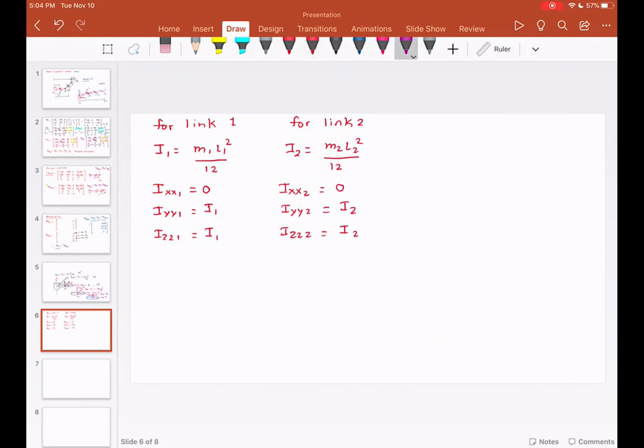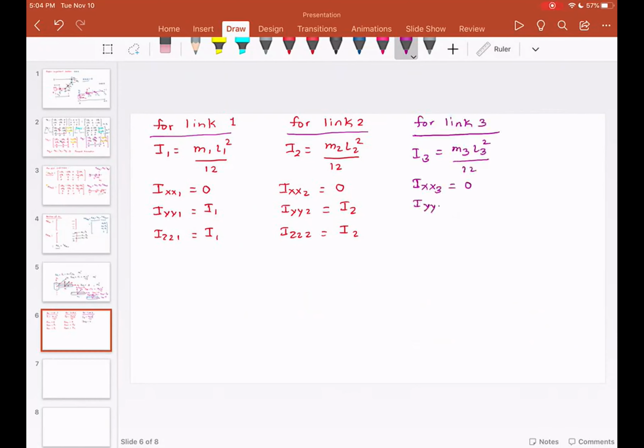For link 3, I3 is equal to M3 L3 square by 12. IXX3 is equal to 0.